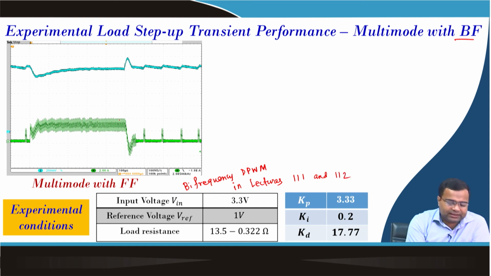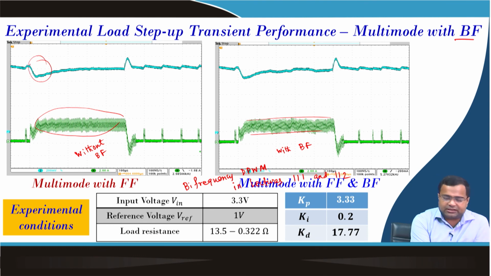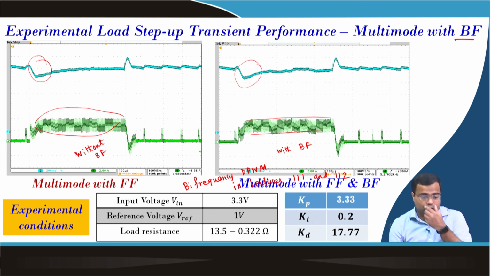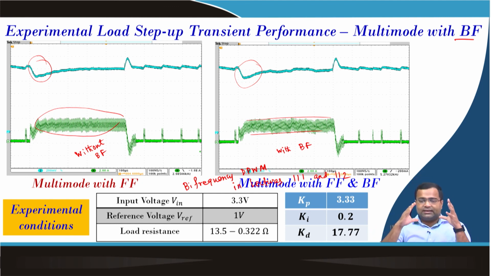So, there is almost insignificant impact on the transient. This is without bifrequency, and this is with bifrequency. So, you can reduce the spectral peak, and in the transient response, there is no change in the output voltage transient.